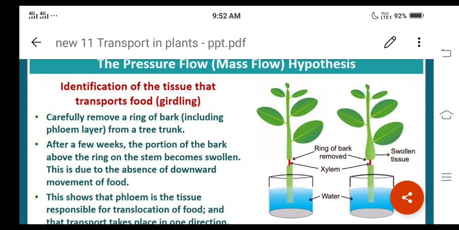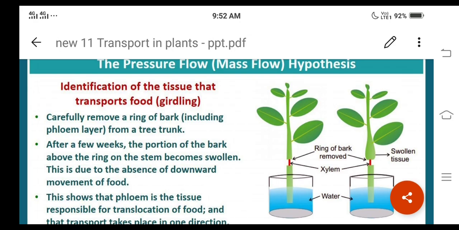And we can see that swelling occurs here, the swelling of bark above the ring. Why does the swelling occur? It is due to the accumulation of nutrients.